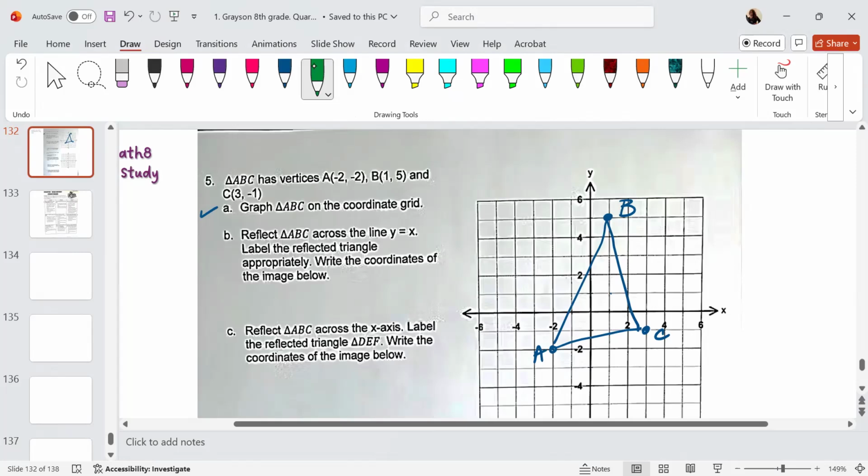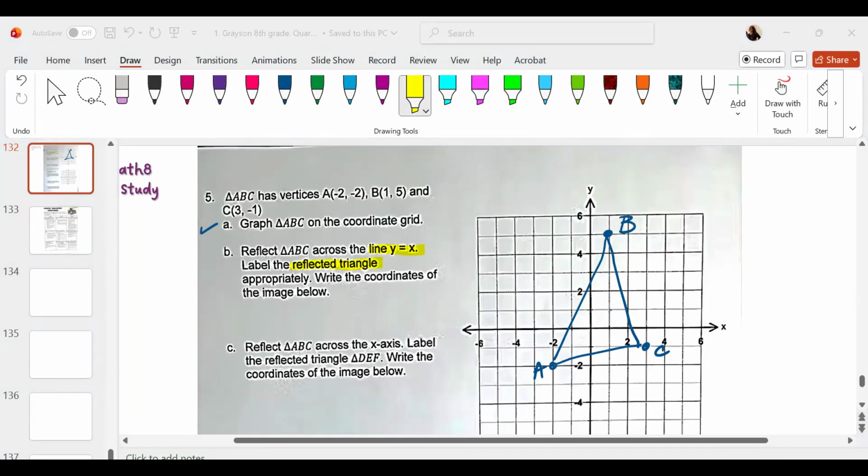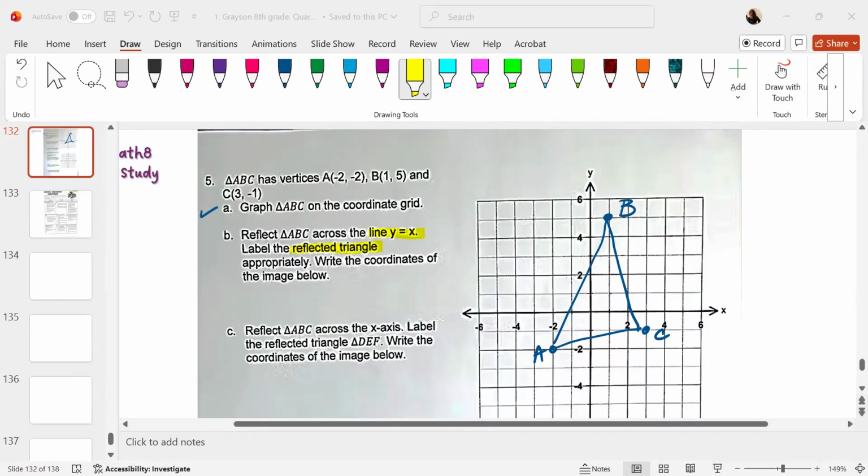Reflect ABC across the line y equals x. Okay. So what's the equation when you have to reflect something over the y equals x line? Think about it.